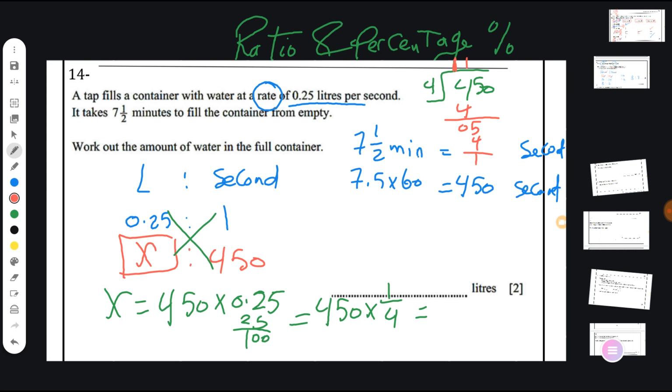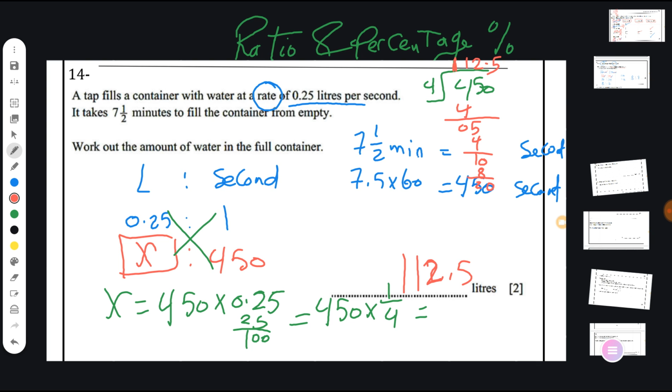Subtract, so it's 1, bring down 0. 10 divide 4 is 2. 2 times 4 is 8, subtract, 2, put the point, and bring down 0, 20 divide 4 is 5. So it's 112.5. Okay. This is one way of how to calculate it by using the ratio, but actually I have another way to solve it, okay?